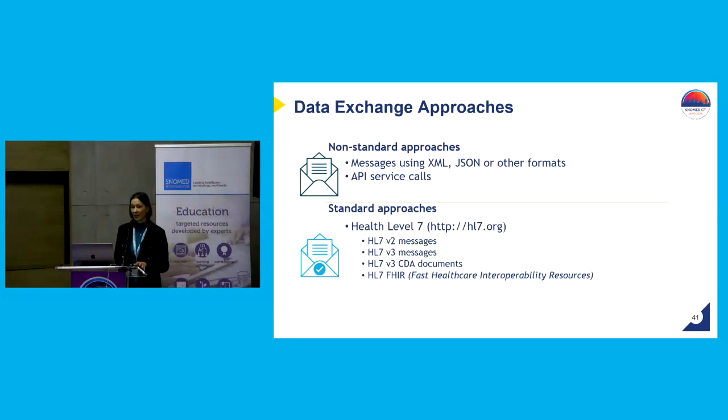But one of the key things is that there are standards that have been developed to help exchange this clinical information. One of the main ones that we know about is Health Level 7. They've got different standards and formats that you can use to make sure there's that effective exchange of clinical information. And one of the main ones that we tend to talk about a lot at the moment is the HL7 FHIR ones.